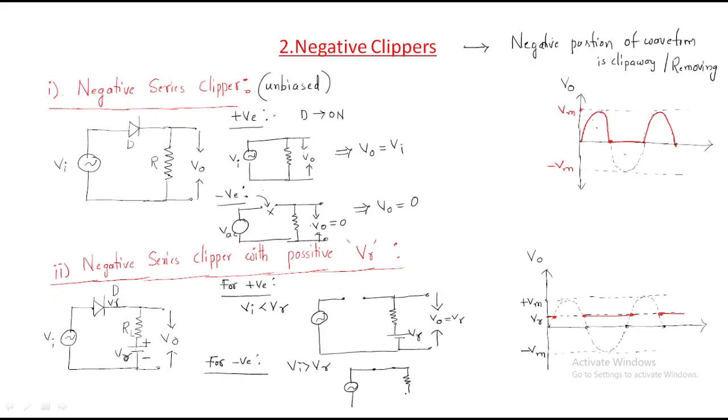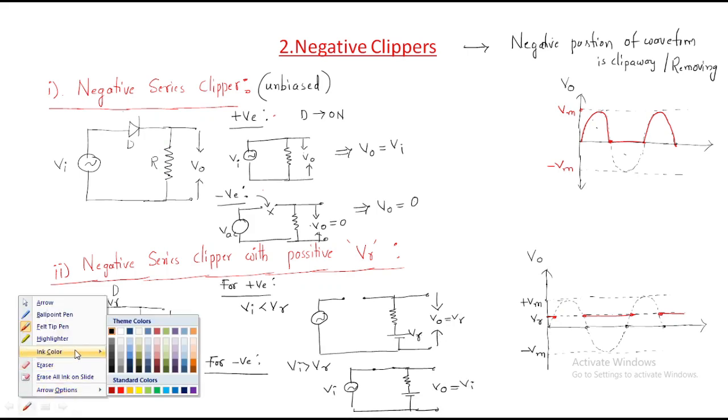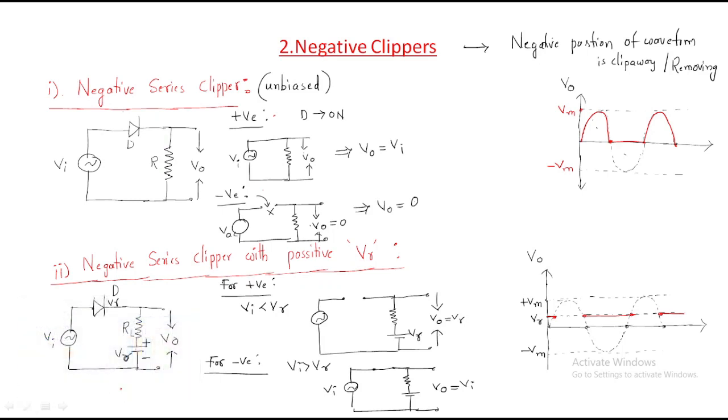Then the total input will be available across the load. That means V0 becomes Vi. The output will follow the input. Understand? So this is the negative series clipper with positive VR.